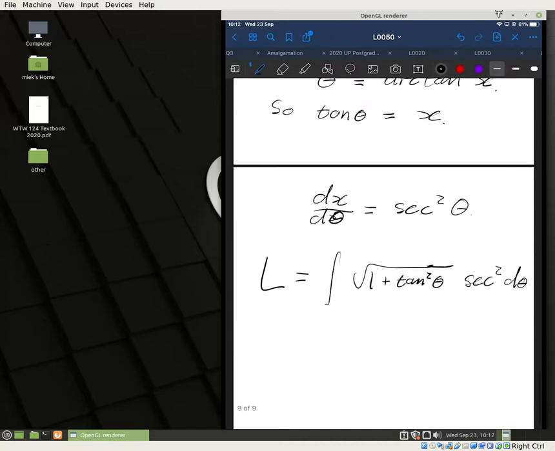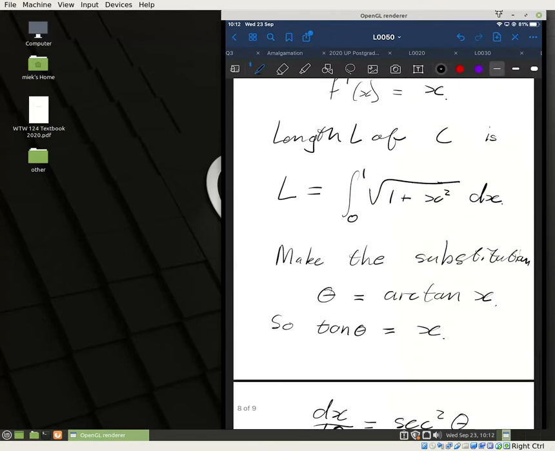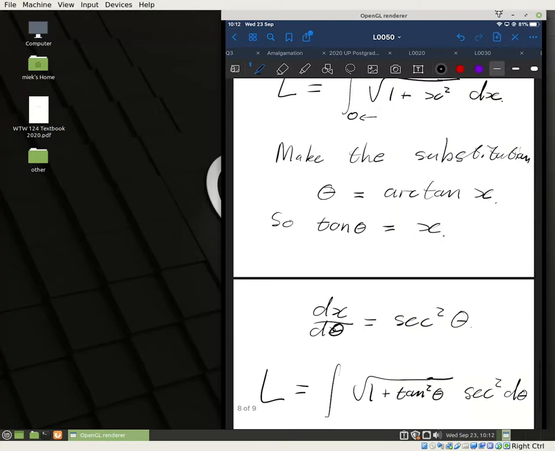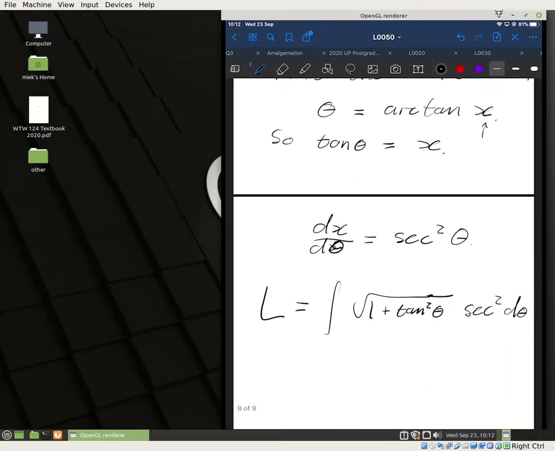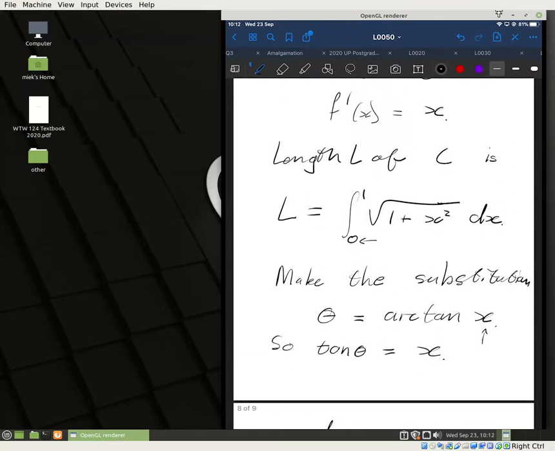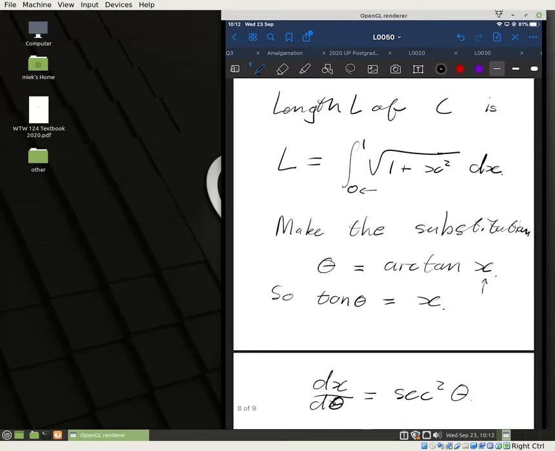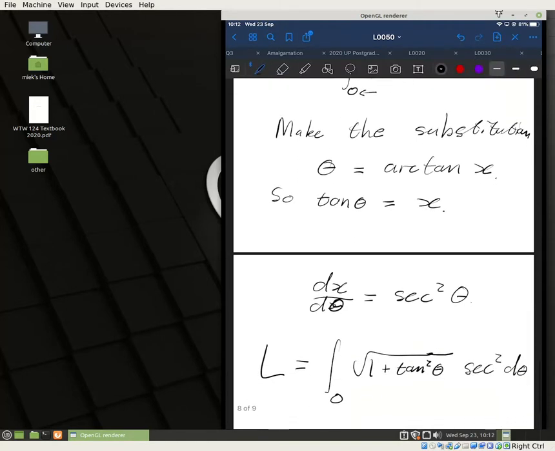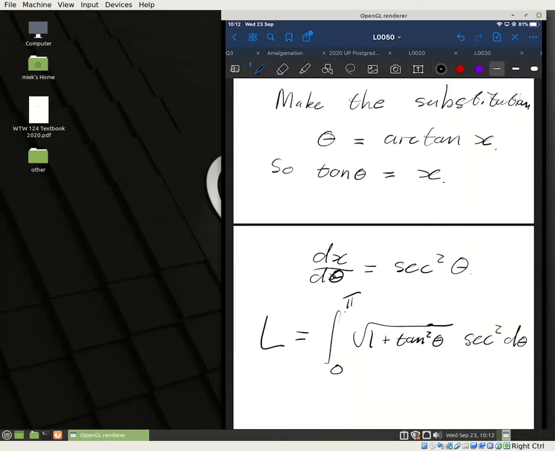Okay, and the bounds: if x is equal to 0, theta is going to be arctan of 0, which is 0. If x is 1, theta is going to be arctan of 1, which is pi over 4.